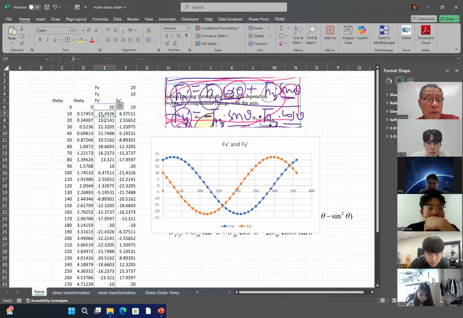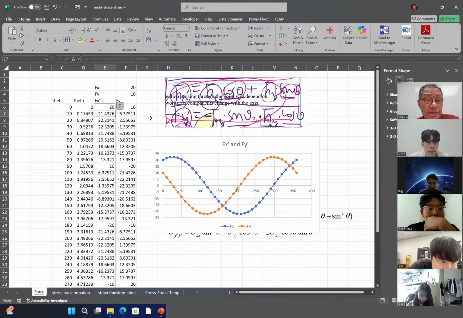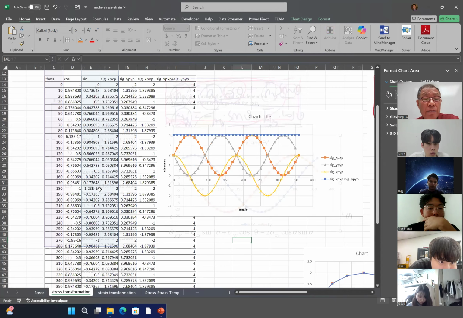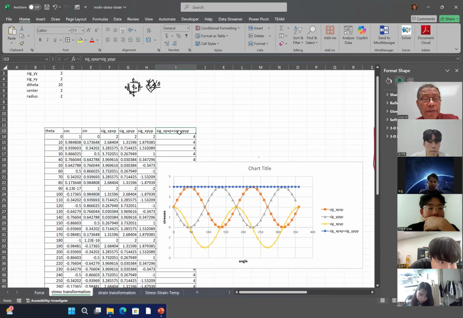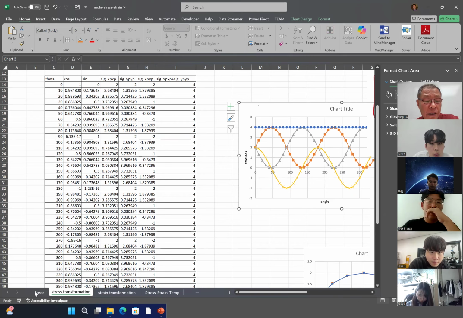This was what we did last class. Now I'm trying to explain why, and what's the meaning of this value which does not change along any angle.